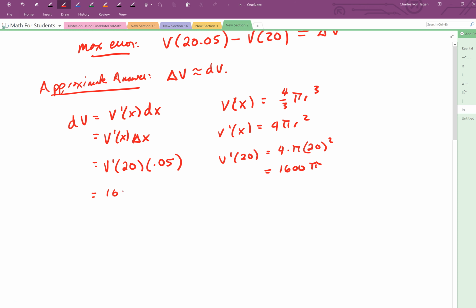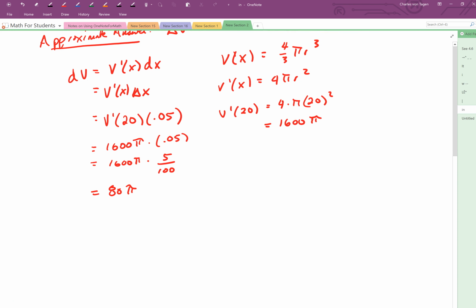I'm going to multiply this by 0.05, which is the same thing as 1600 pi times 5 over 100. That 100 goes into 1600 sixteen times, and 16 times 5 gives us 80 pi as our approximation for differential V, which is basically delta V.